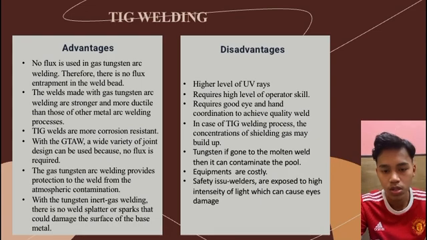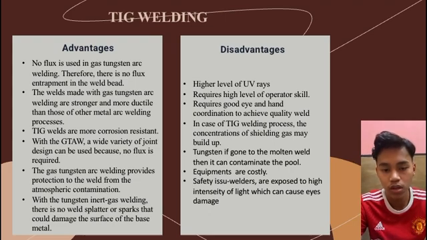Number 6, with tungsten inert gas welding, there is no weld splatter or spark that could damage the surface of the base metal. Number 6, gas tungsten arc welding is suitable for all welding positions, horizontal, vertical and overhead.